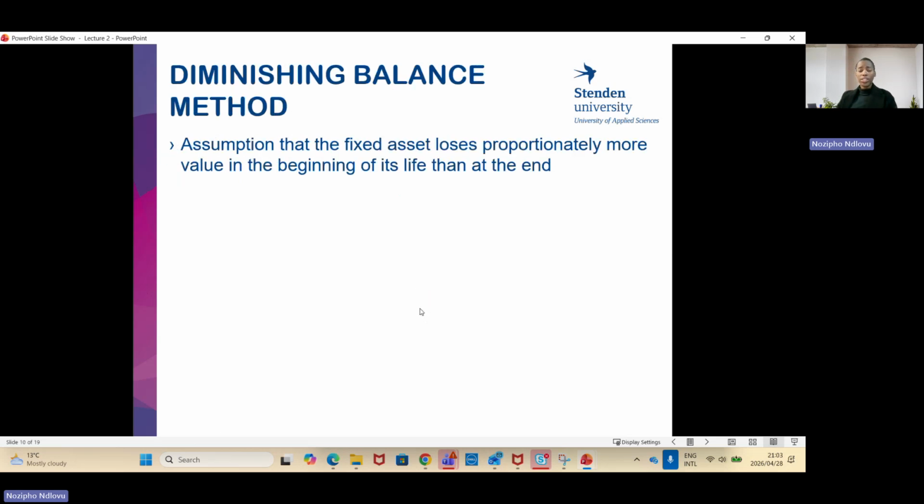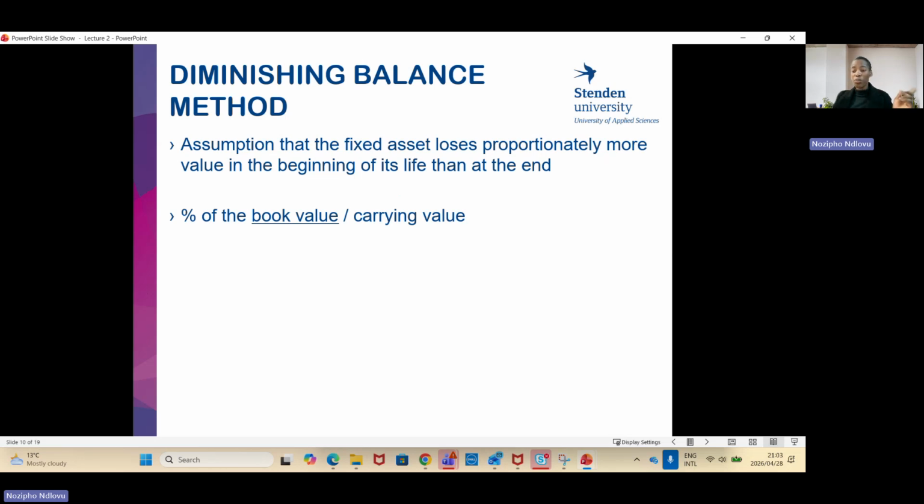What is the difference then between a straight line and a diminishing balance method? The assumption that we have is that the fixed asset loses proportionally more value in the beginning of its life than at the end. So here it changes each and every year.